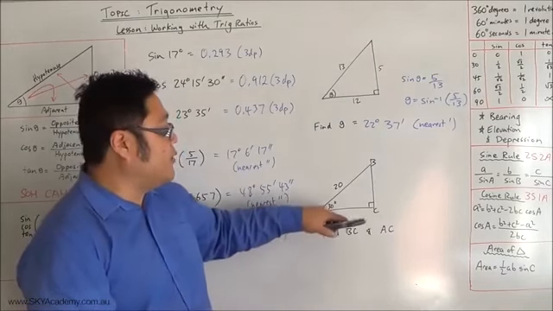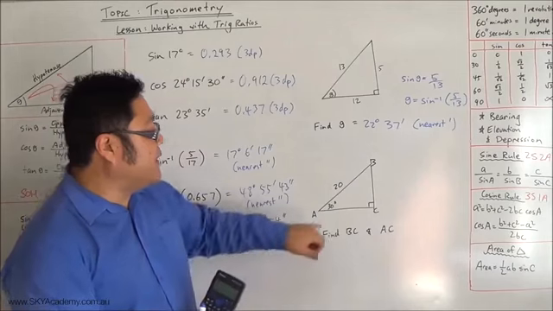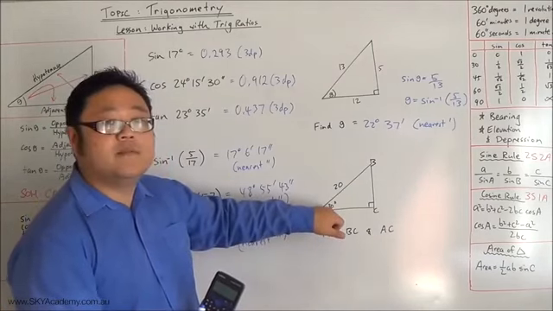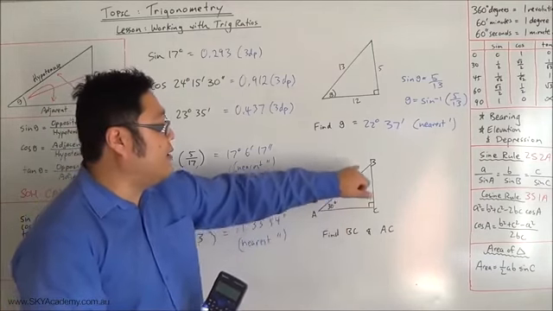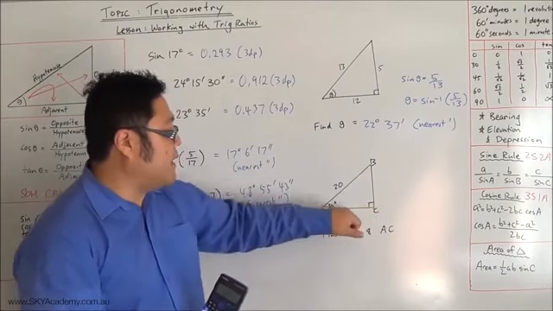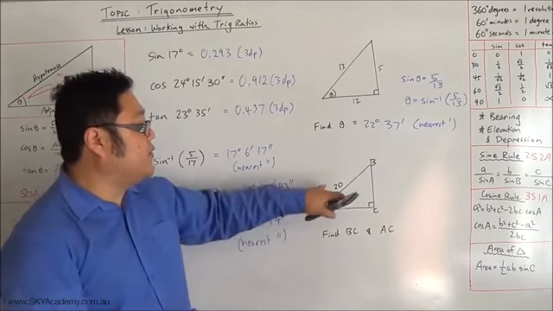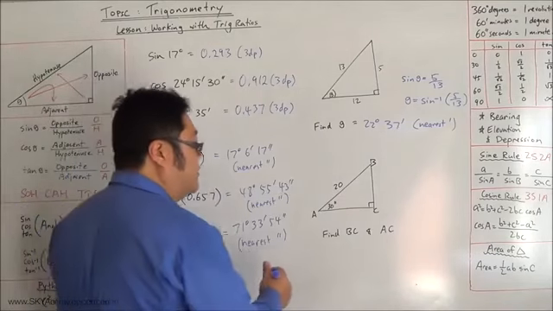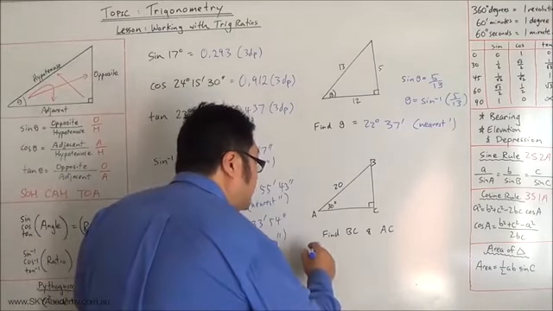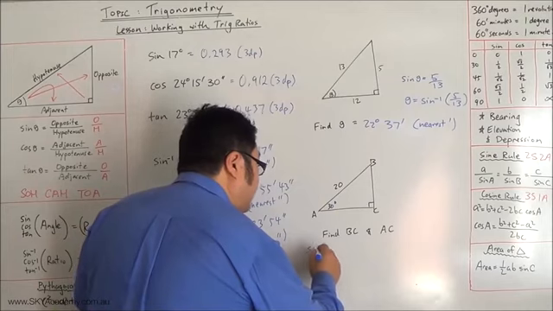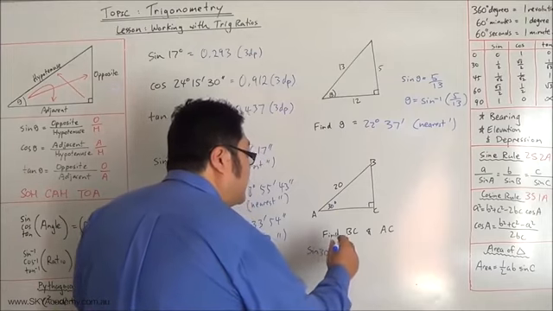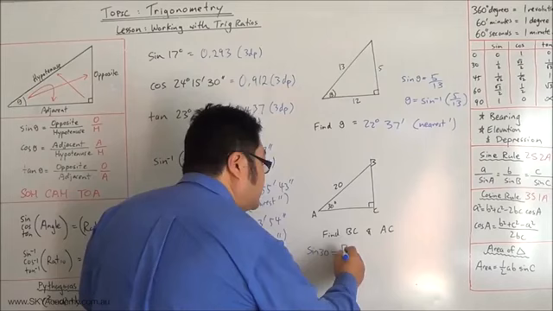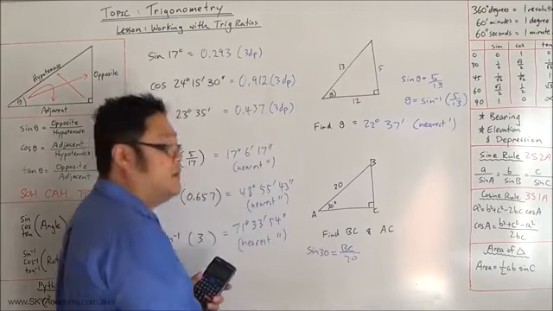Okay? Now, with this one here, you've been given the degrees and you've got to work out B and C or A and C. And you've got the hypotenuse. Now, so sine of 30 degrees is going to be equal to BC on 20. Yep.